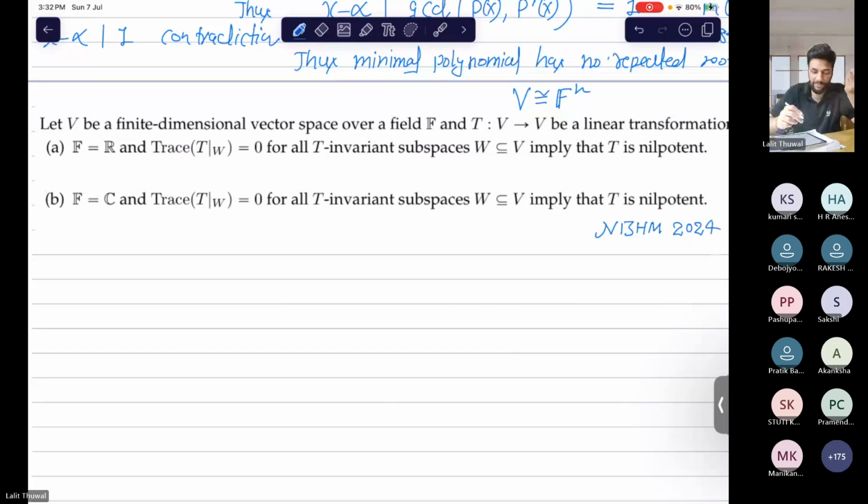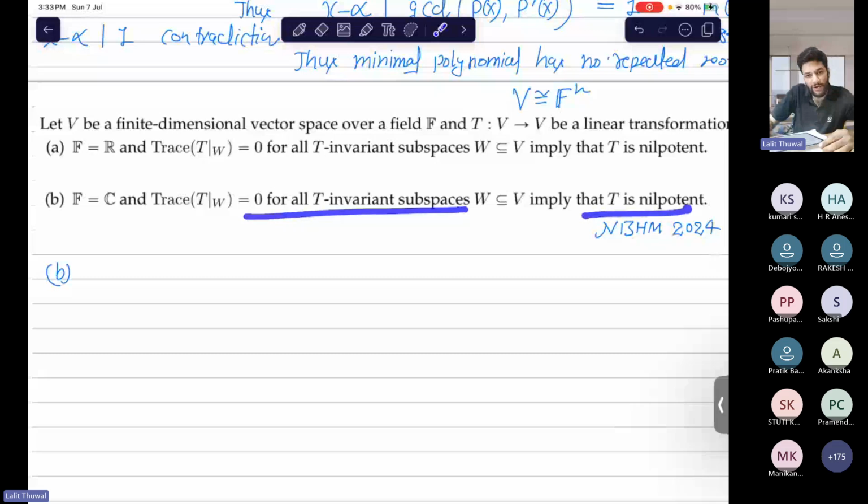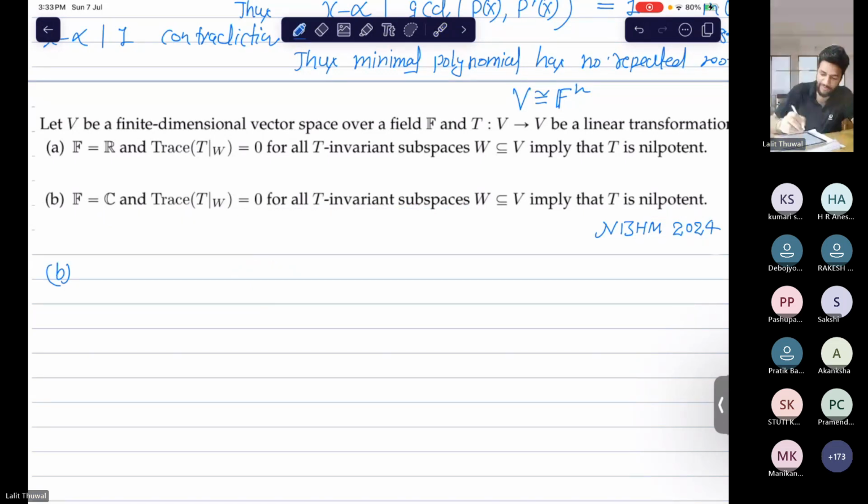Option B says that if this is true, then T is nilpotent. You will first think about a counterexample, and you don't find one because this is true. So we ask what happens if T is not nilpotent. Let us prove it by contradiction.